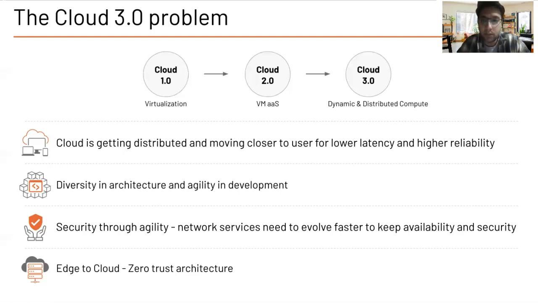So in a world where compute is so dynamic, our networking and security stacks are the ones that are lagging behind, and those are the ones that need to catch up.